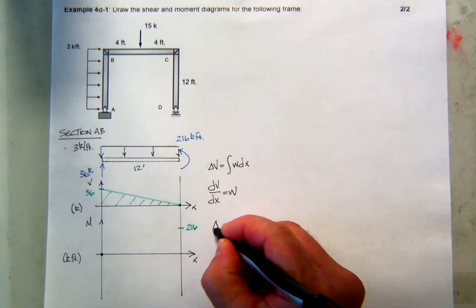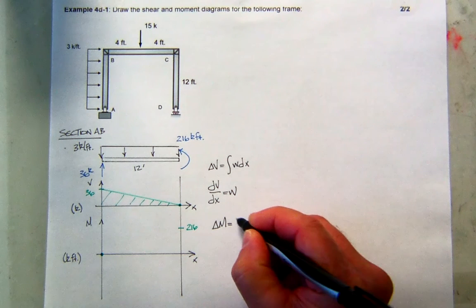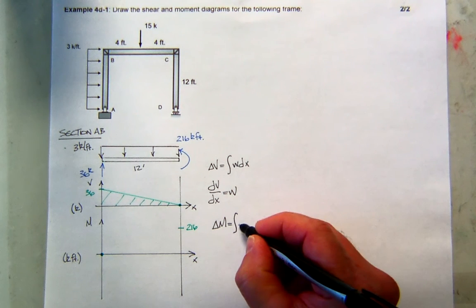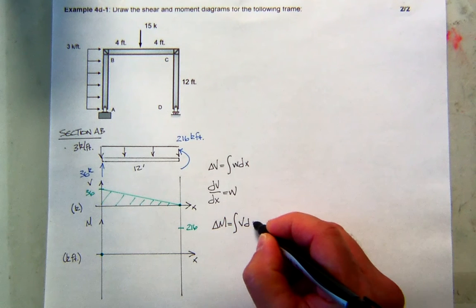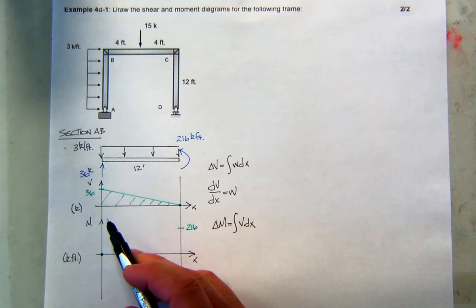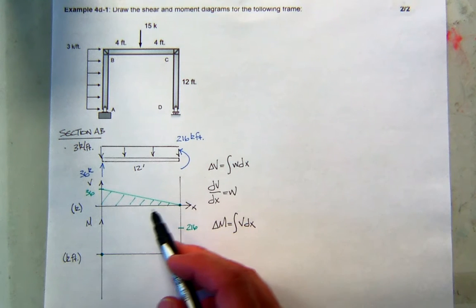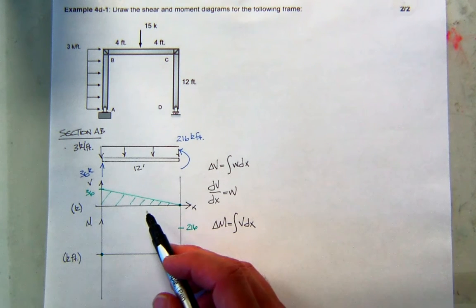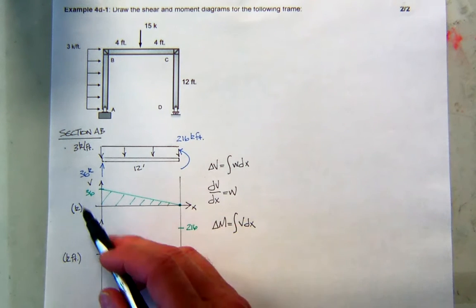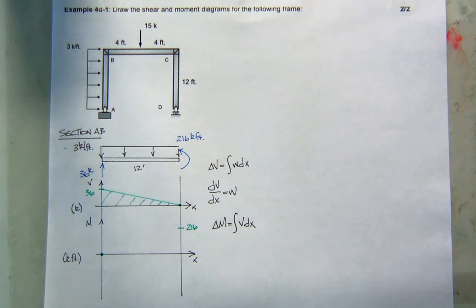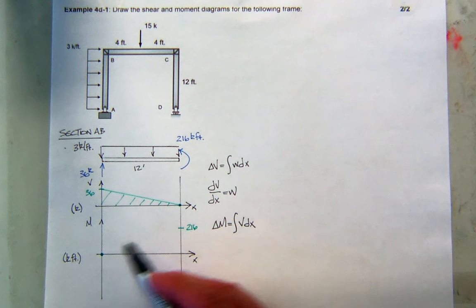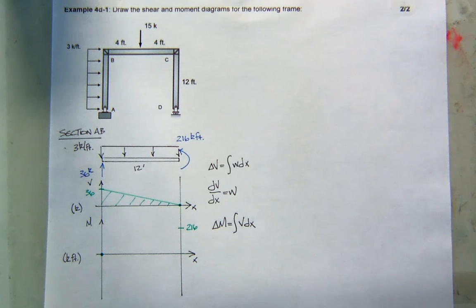And I know the change in moment between any 2 points on my beam is the area under the shear diagram. So looking at from 0 to 12, what's the area of the shear diagram? What's a triangle? 1/2 base, 12 times height, 36. That should be 216. And that's positive, so 0 plus 216 is 216, so that works.